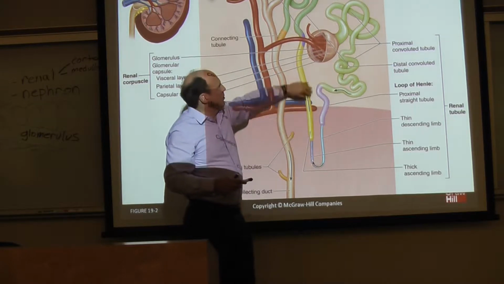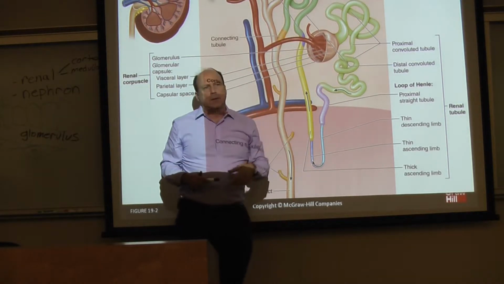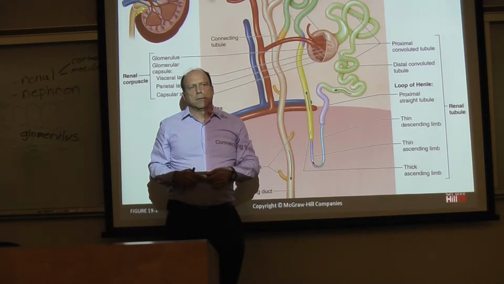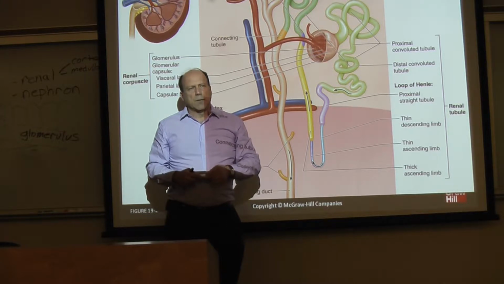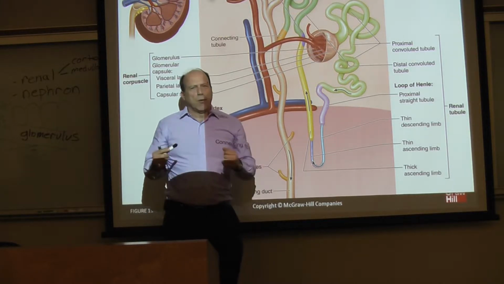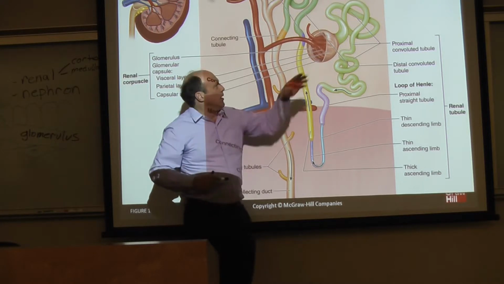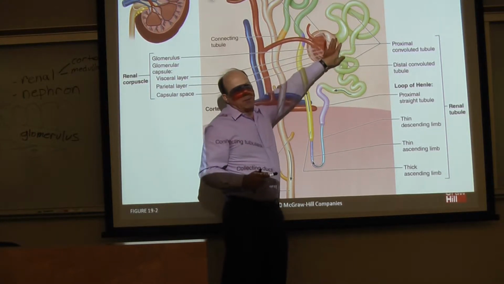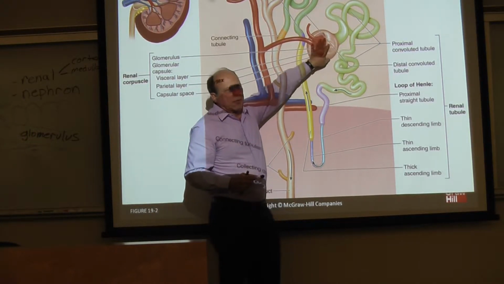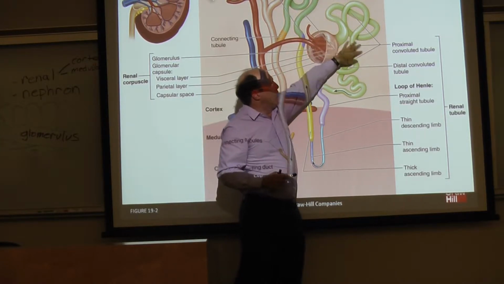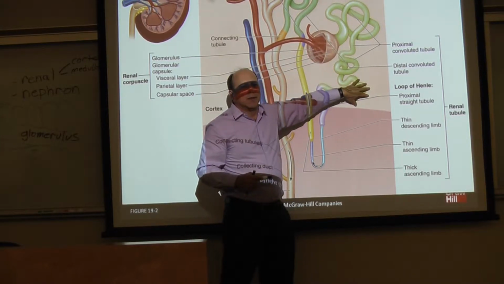Why all this complexity? It's just for more filtration to occur. Yeah, it's more filtration, but what do you need to filter? You're filtering the bad stuff out of the blood. So stuff is coming out, and then why do you need to filter more? So stuff could go in.